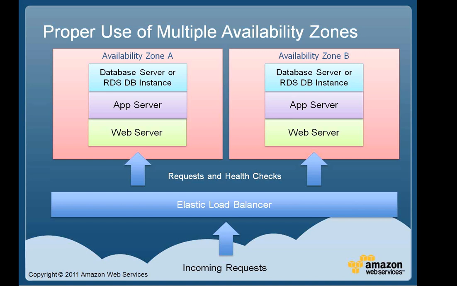So per this diagram, we recommend that you deploy complete application stacks in 2 or more availability zones. A complete application stack in a traditional multi-tier architecture would be a web server, an application server, and a database server. Now, in this picture, I do have multiple copies of RDS shown here.